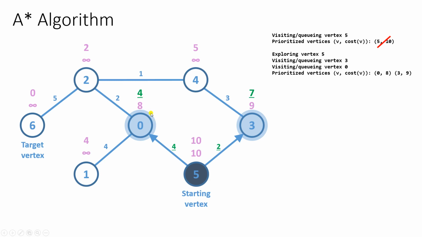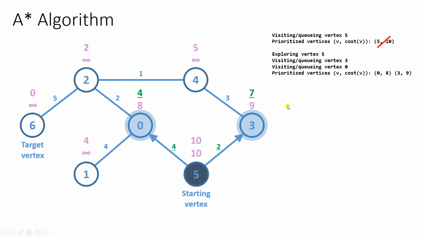We are always looking at the connecting edges all the way to the starting vertex. It's 8 in total cost for vertex 0. And let's see the same thing for vertex 3. Its heuristic function value is 7, and the weight of the leading edge is 2. 2 plus 7 equals 9.